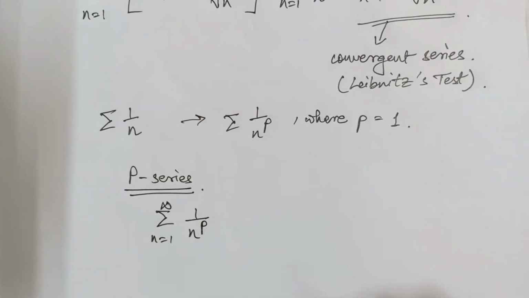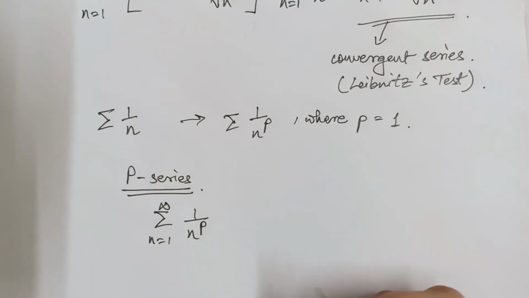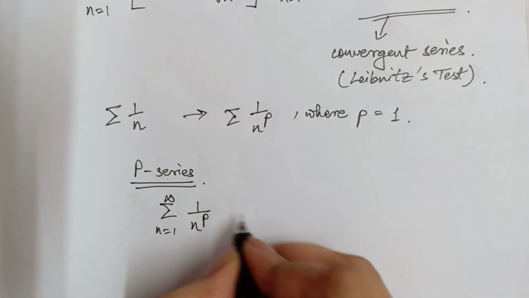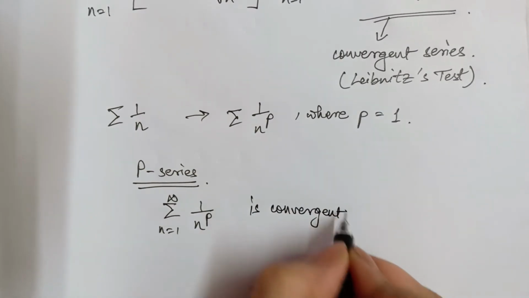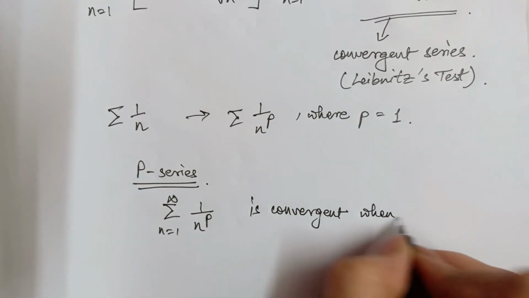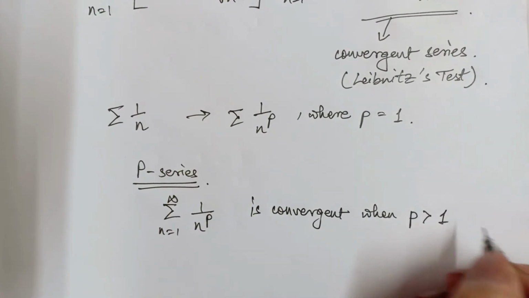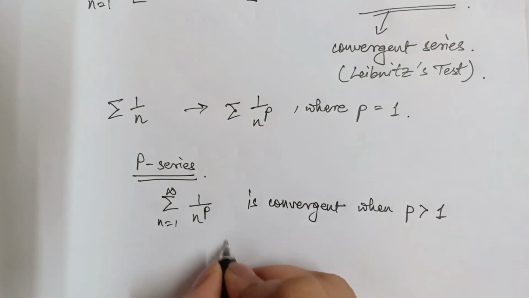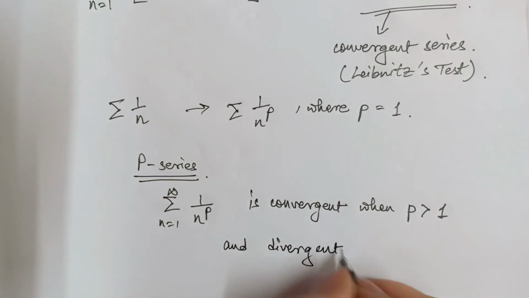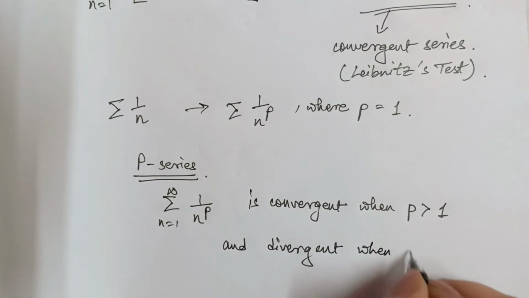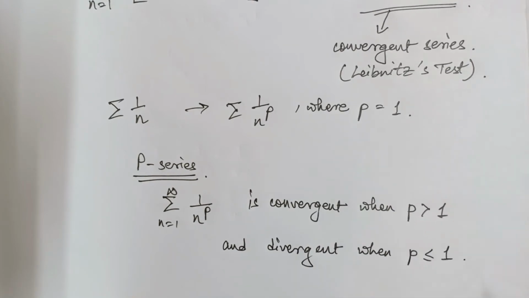This given series is convergent when p is greater than 1 and divergent when p is less or equal to 1.